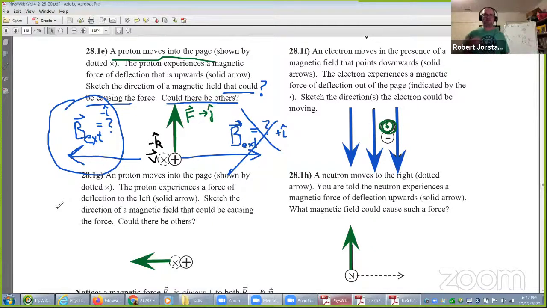I want to add a component to the magnetic field that will not add or change the force in any way. Any magnetic field that had that much in the X direction could have any amount in the Y or Z? It can't have any amount in the Y. Think. If you put some magnetic field in the Y, wouldn't there be an extra term in the force?